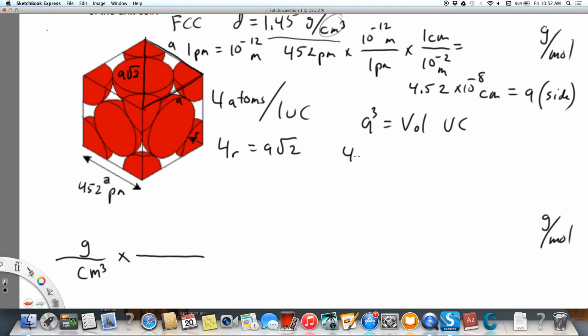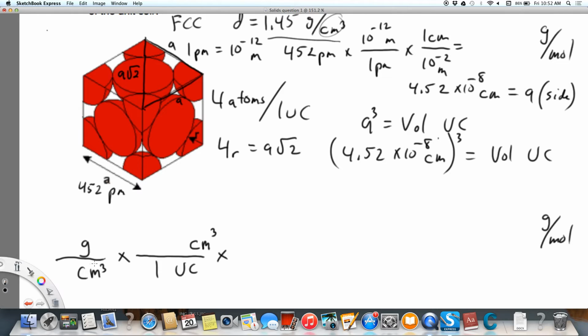If I take 4.52 times 10 to the minus 8 centimeters and cube that, that's going to equal the volume of the unit cell. So what I want in terms of units is centimeters cubed for 1 unit cell. Well, I got rid of centimeters cubed. Now I want to get rid of unit cell. I'm not going to get rid of grams. I want to keep that.